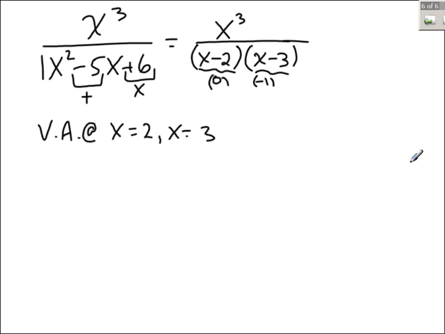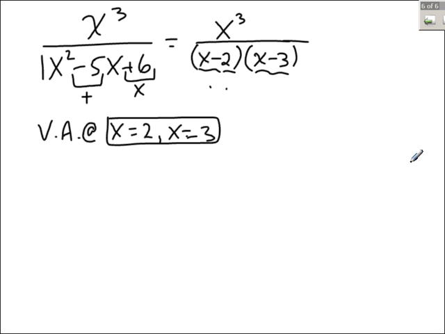If x is 3, 3 minus 2 would be 1, and 3 minus 3 would be 0. 1 times 0 is 0. These are numbers that make the bottom 0, and they do not make the top 0, because the only number that you can cube and get 0 is 0. And we never said the vertical asymptote is at 0, only at 2 and 3.